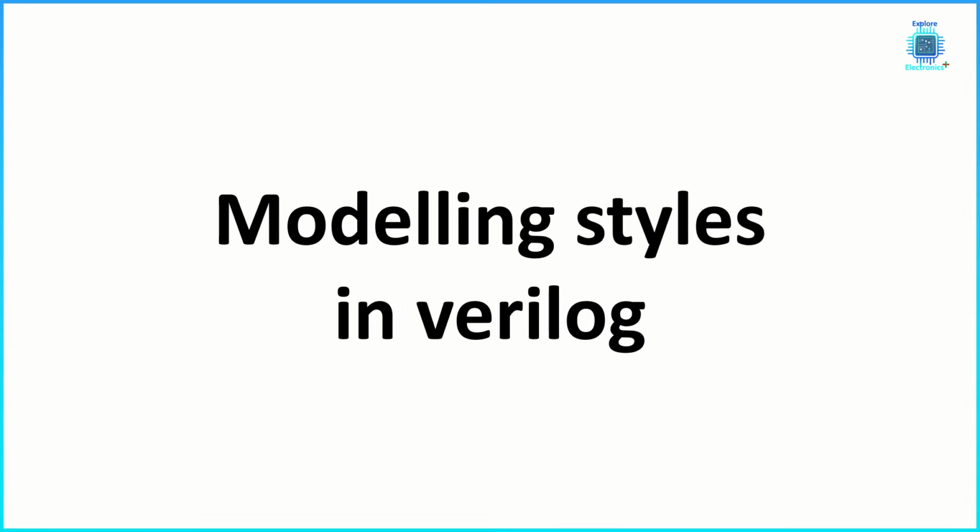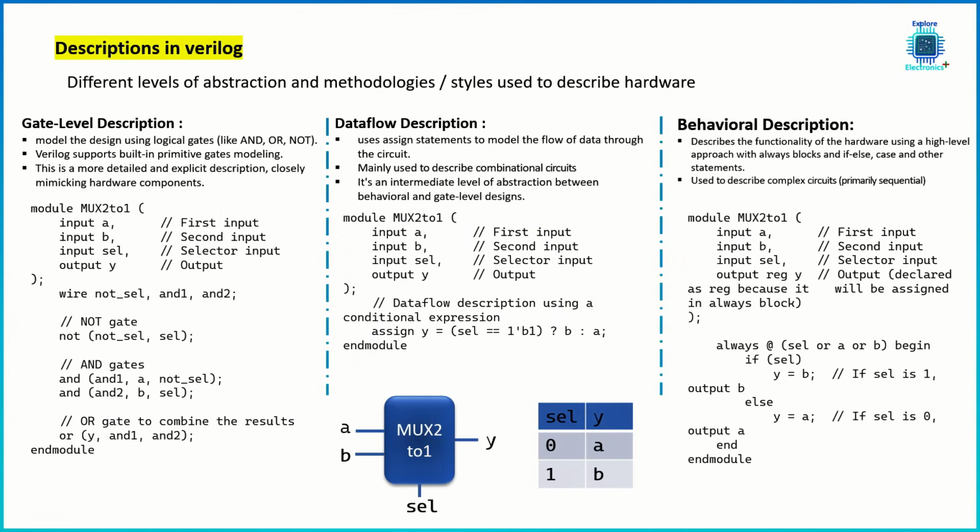Next come modeling styles in Verilog. We will have three major categories: gate level description, behavioral description and data flow description. Gate level description, as the name says, uses logic gate primitives directly. In Verilog, we have gate primitives which give us the functionality of logic gates already implemented in a library.